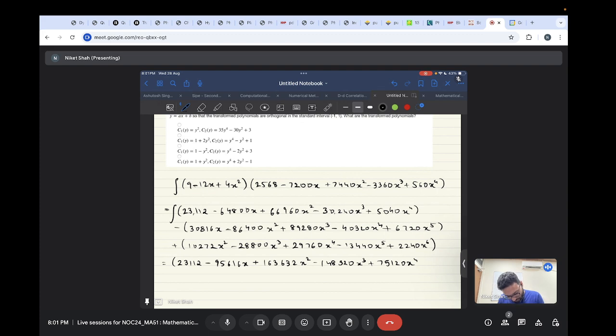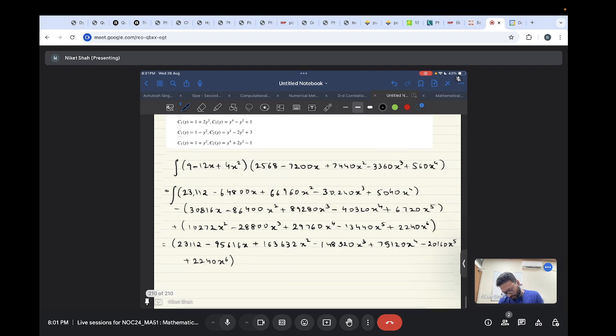So this is minus 20160 x power 5. And the last one is just plus 2240 x power 6. All right, so this huge term, just integrating this.